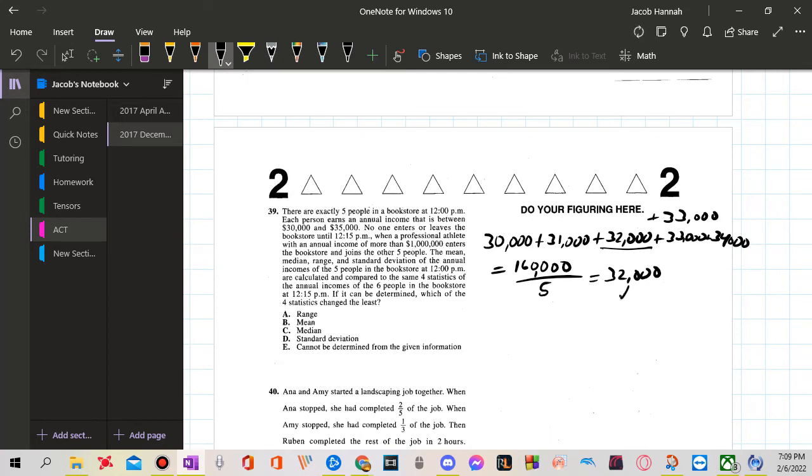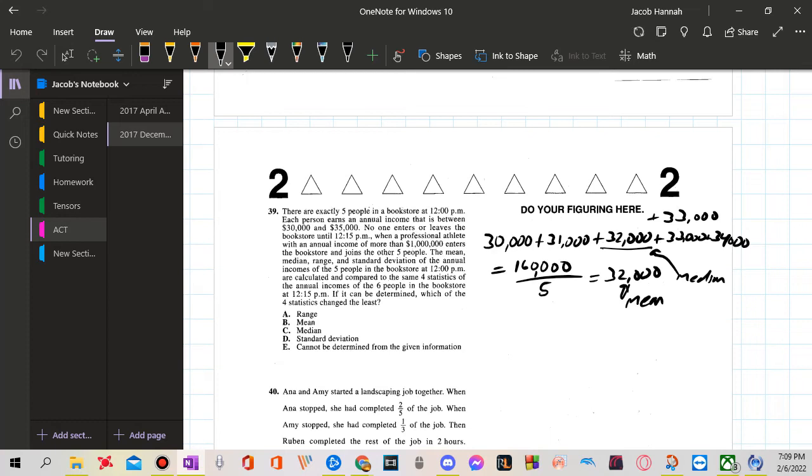So this is the mean, and this is the median. Alright. So your range is pretty much the biggest number in your set of data minus the smallest number in your data.